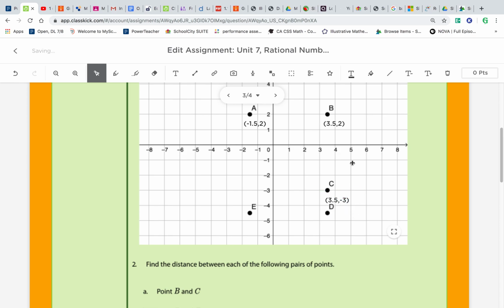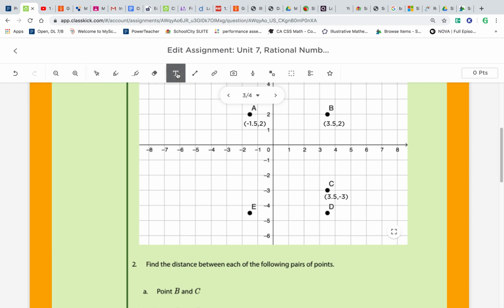Pull this up this way. Maybe a little bit closer. There we go. So you can see here we're trying to figure out exactly where the point is located without it being exactly on a specified integer or number that does not have a decimal or a fraction. So it takes a little bit extra thinking. Not that big of a deal though.